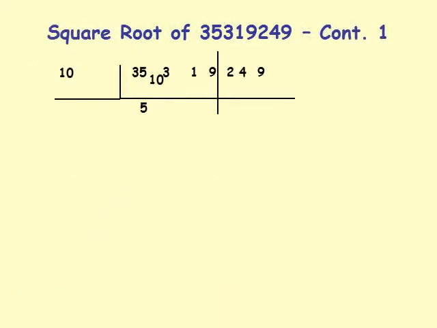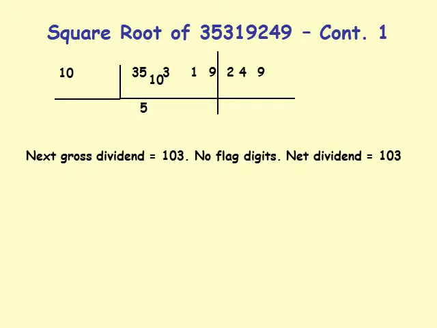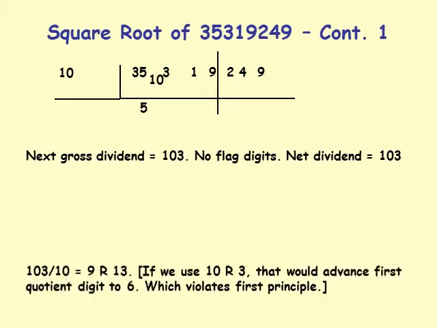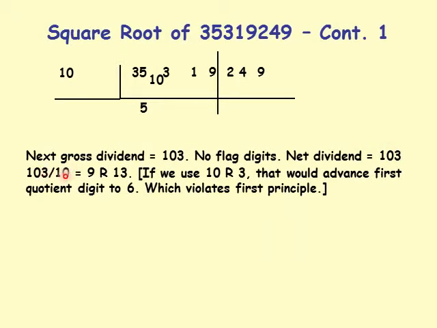Let's continue. The problem so far is the first quotient digit is 5, the divisor is 10, the remainder is 10, and we have 103 for the gross dividend. The next gross dividend is 103, no digits on the flag, and the net dividend is also 103. So 103 divided by 10: we will use 9, remainder 13, which is the alternate remainder.